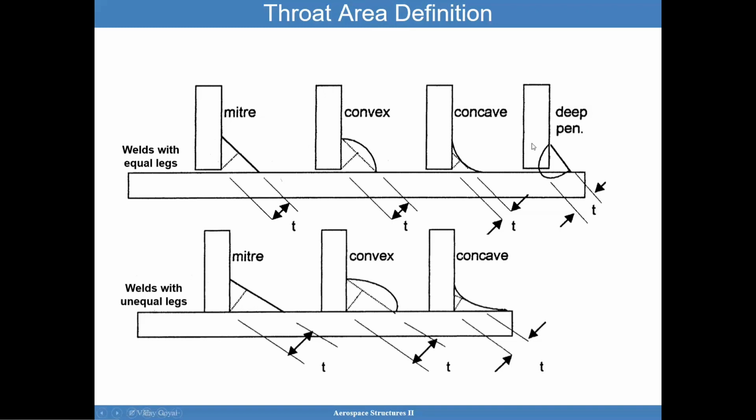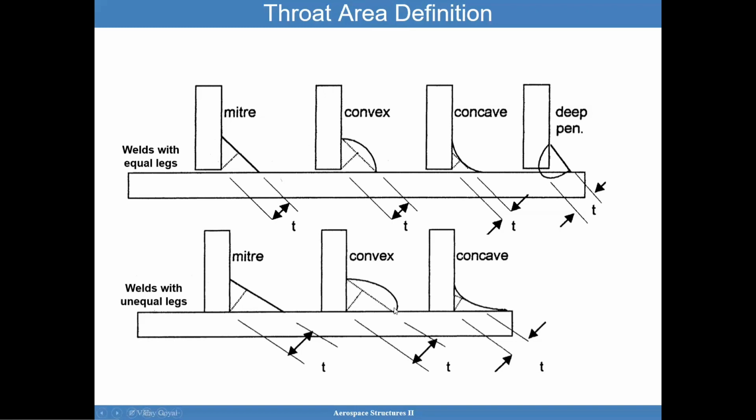If you have a deep penetration situation, then you're going to consider the throat from here all the way to the deepest location of the penetration of that weld. We call this the throat area. And if you have unequal legs, then again, perpendicular from this point to this line, that'll be the throat.